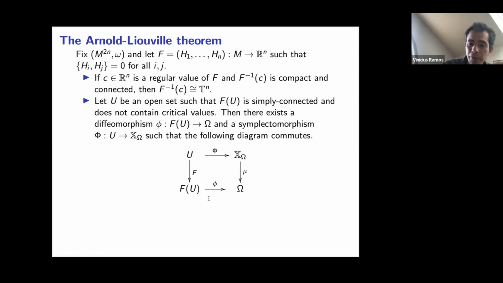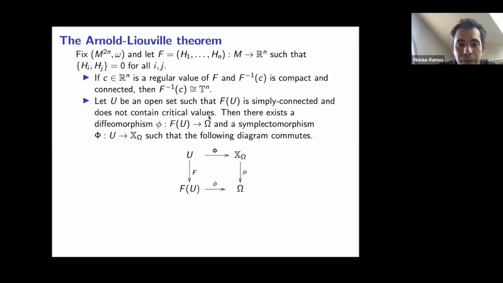There exists a diffeomorphism of the image of U and a symplectomorphism of the top, such that this diagram commutes. So this is a toric domain, like I defined, and this mu is the standard moment map. So what that's saying is that on quite a large subset, this domain is actually just a little piece of a toric domain.